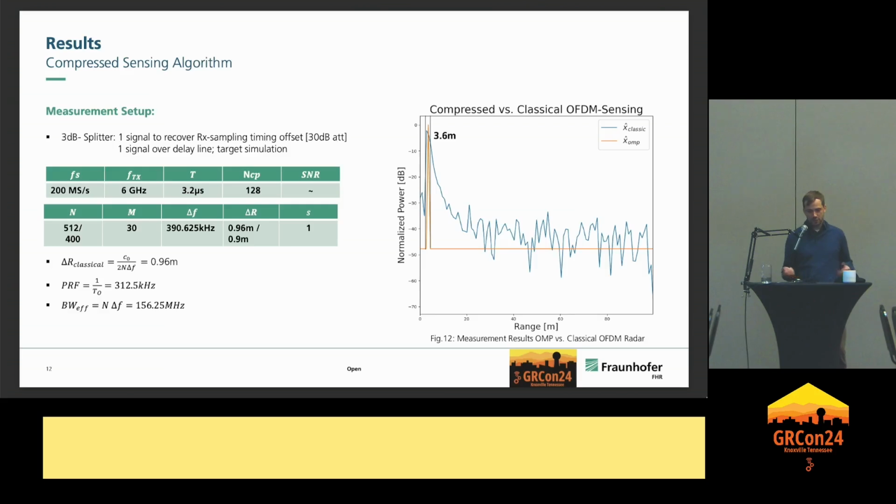And the sparsity, since I only had one delay line, was 1 in this case, but it still got back the signal correctly. So the traditional OFDM radar aligns pretty well with the OMP method.